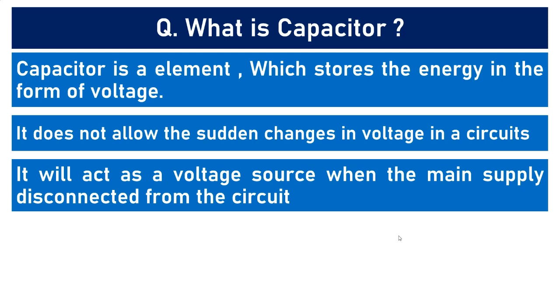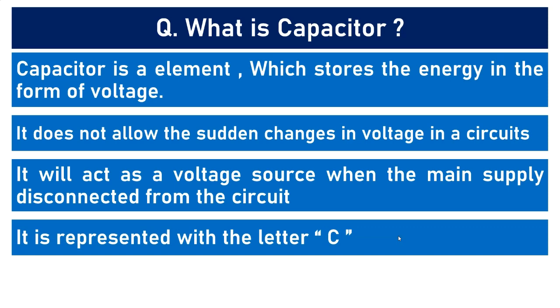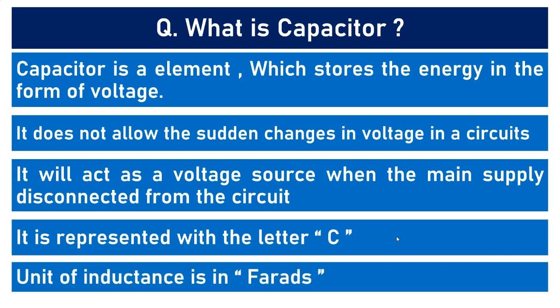It means that, for example, if we are connecting one capacitor in a circuit, and if that capacitor has energy which is already stored, then when the main supply is disconnected, this particular capacitor will act as a voltage source for that particular circuit. It is represented with the letter C, and the unit of capacitance is always farads.